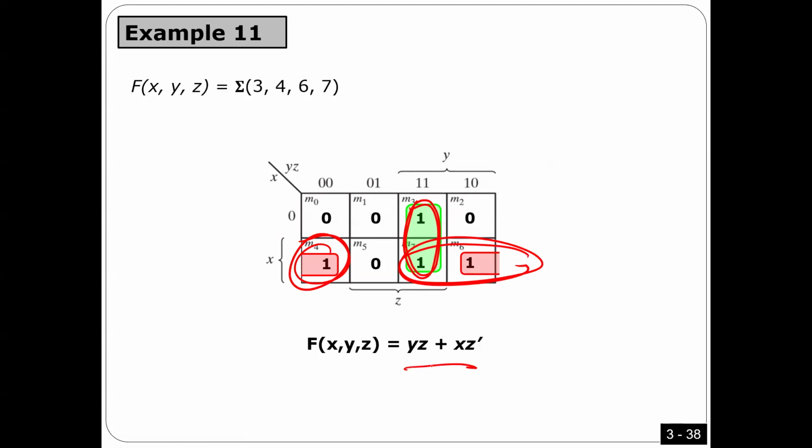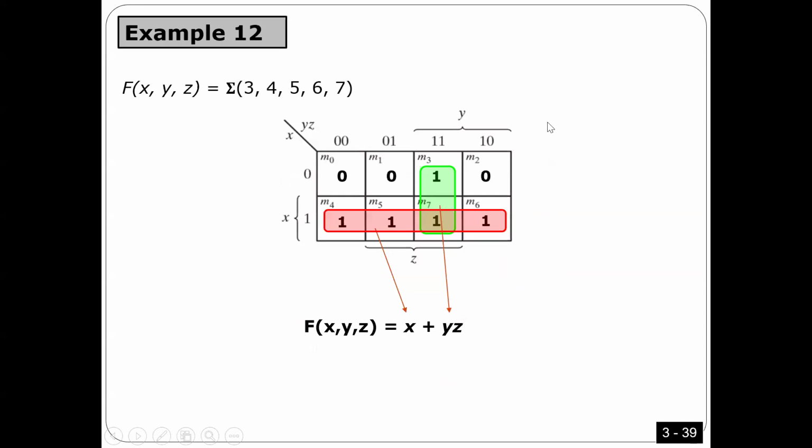For sure that's bad because I can do better here. The best thing I can do is take these two together this way. By this way, I can cover all ones using only 2 groups. This group here is located in Y and Z. This group here is located in the area of Z prime and X. Okay, guys, any questions?